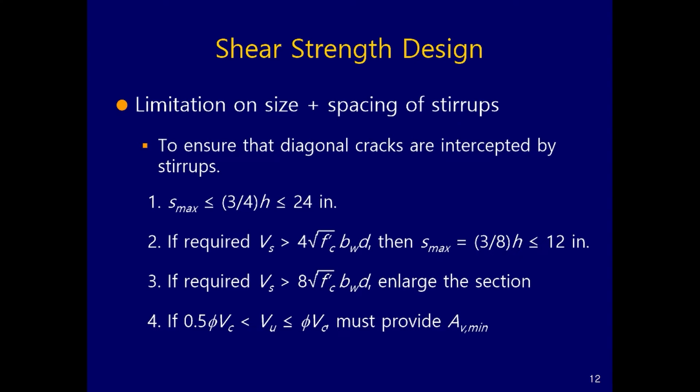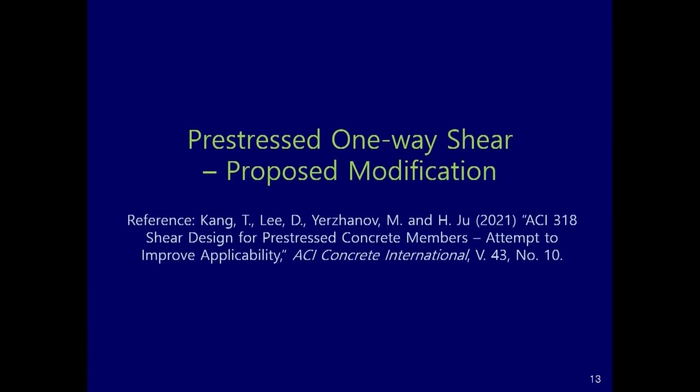If your required V_s is greater than 4 square root f'c b_w d, then your maximum spacing is reduced to half. If the required V_s is greater than 8 square root f'c b_w d, which is a very large demand, then you have to enlarge the section. If V_u, which is the factored shear force, is between phi V_c and half of that, then you have to provide the shear reinforcement anyway for minimum, A_v minimum. Okay.